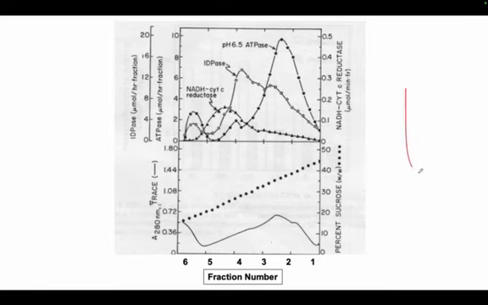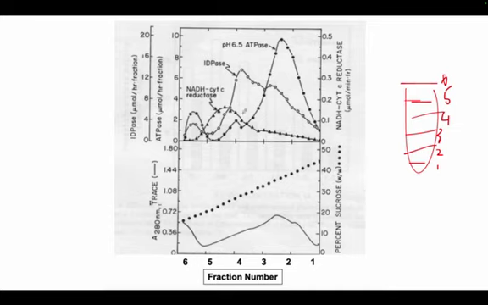So the tube looks something like this. So 1, 2, 3, 4, 5, 6. Okay, and here you can see in the first fraction we have not gotten any protein. In the second fraction we have gotten mostly this pH 6.5 ATPase.